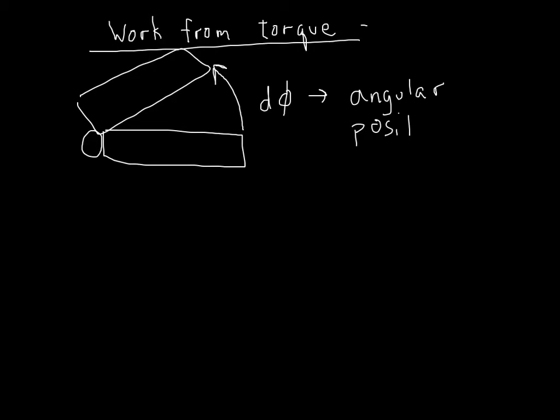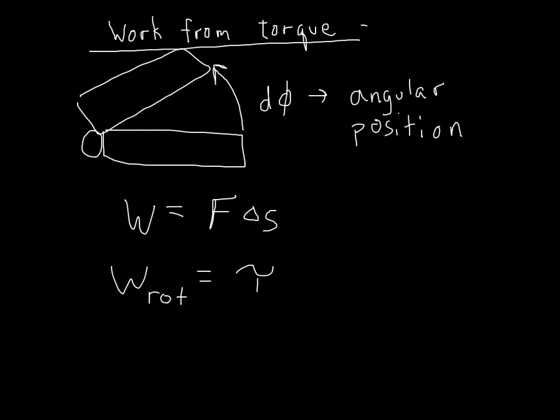By analogy with our usual equation for work, work is equal to a force times a change in position. The rotational work is going to be the rotational force, which is tau, times the angular change in position, since I'm rotating, which is d phi.